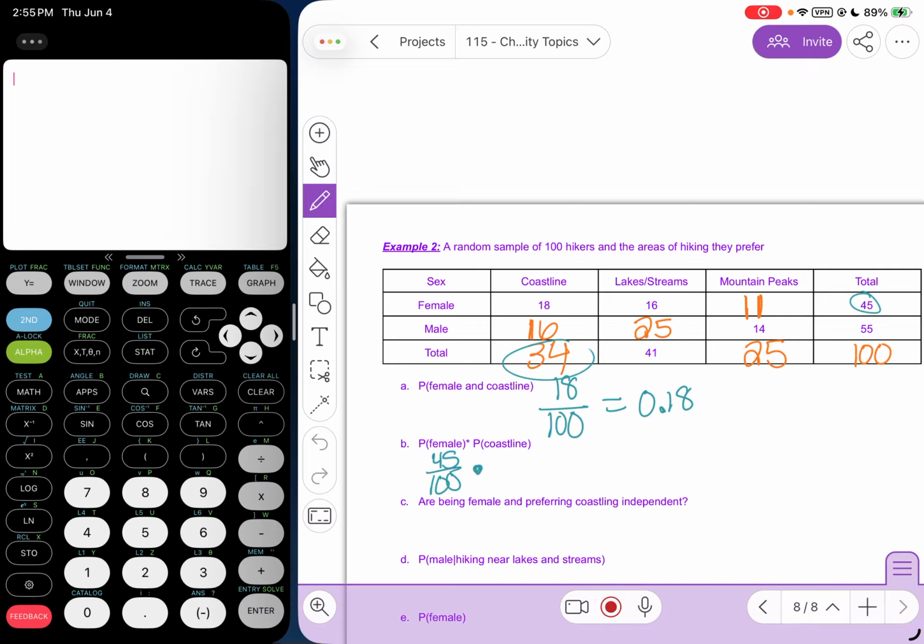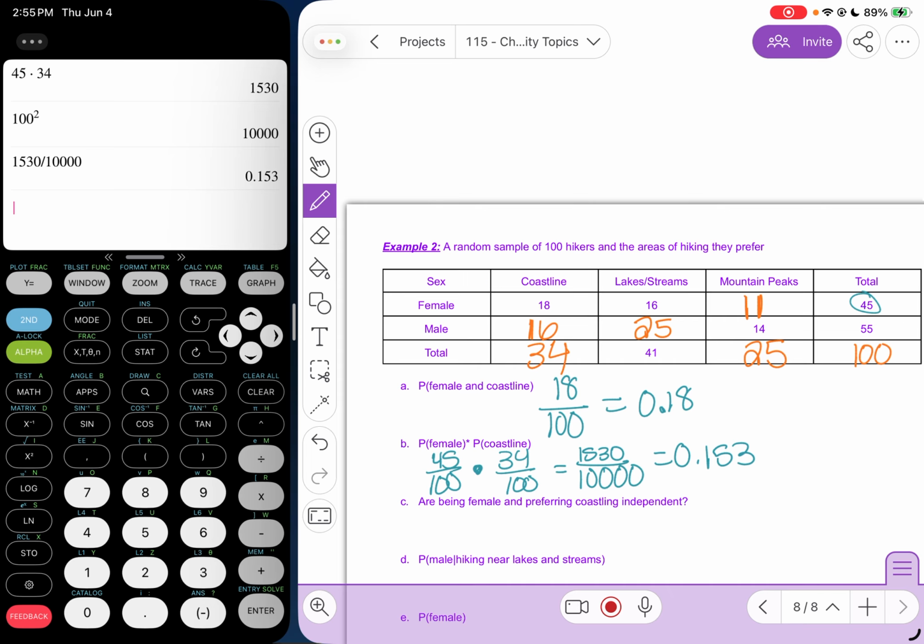Probability of coastline is 34 out of 100. If we multiply those together, 45 times 34 is 1530. 100 times 100 is 10,000. And then 1530 divided by 10,000 is 0.153.